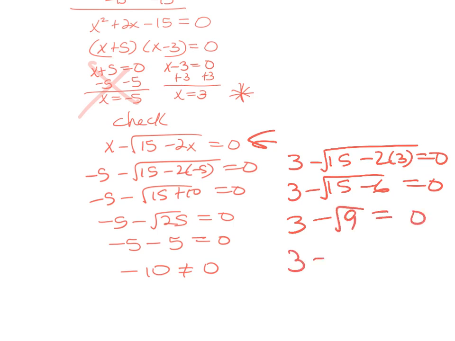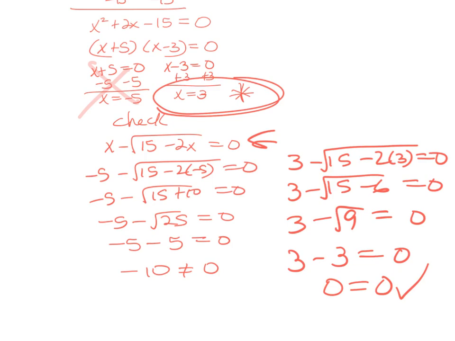Square root of 9 is 3. 3 minus 3 is 0. It checks. This is my good answer. So again, both could work, both could fail, one could work, one could not. It all depends on when you plug it back in and do the check.